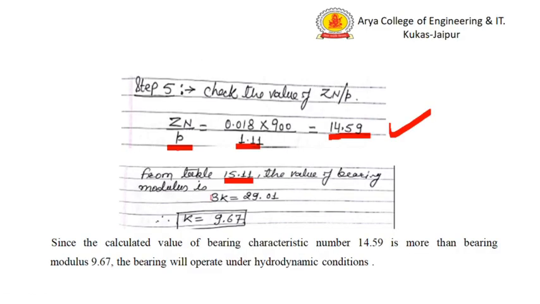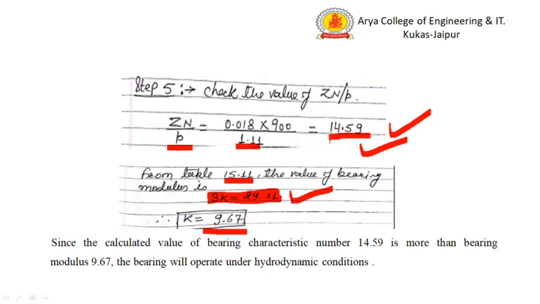From table 15.11 we find that 3K is 29.01, so K is equal to 9.67. This is the value of the bearing modulus, and for the bearing to operate in the hydrodynamic condition, the bearing characteristic number must be greater than the bearing modulus.